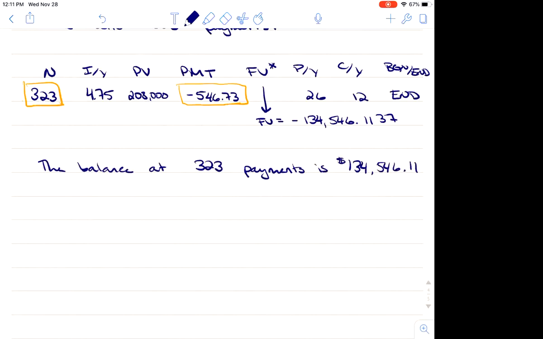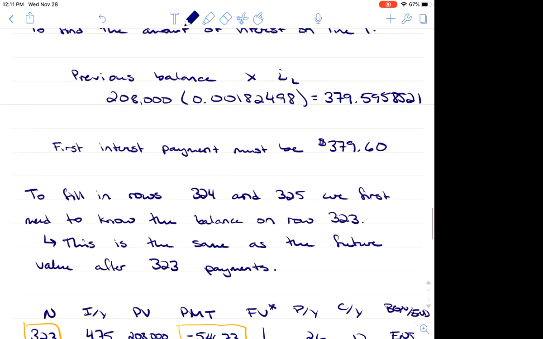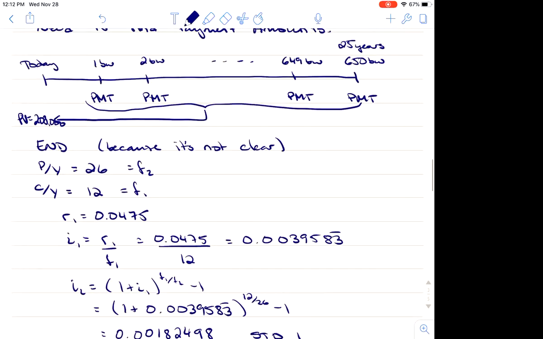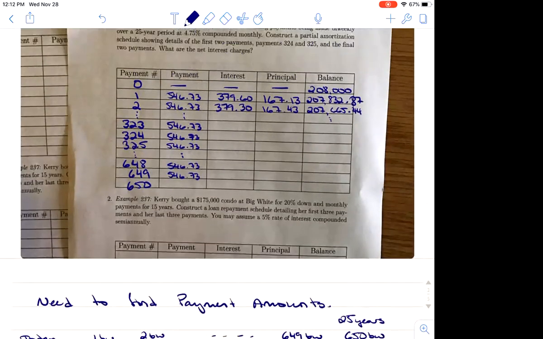0.11. So let's sneak that in here. Oof. So we're at 134,546.11.